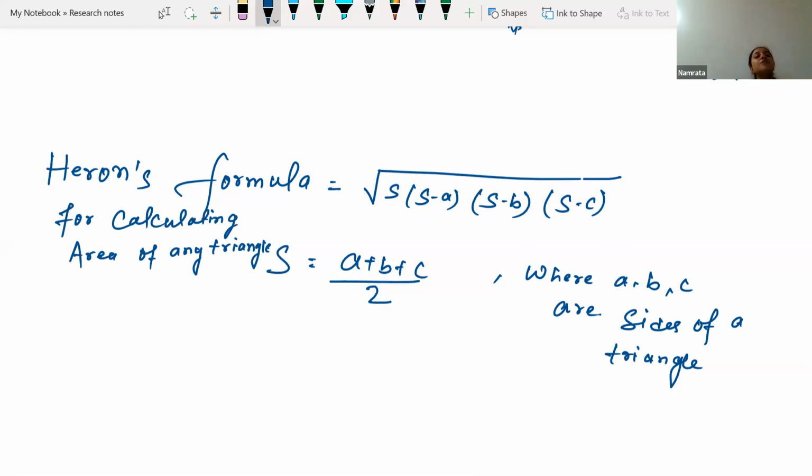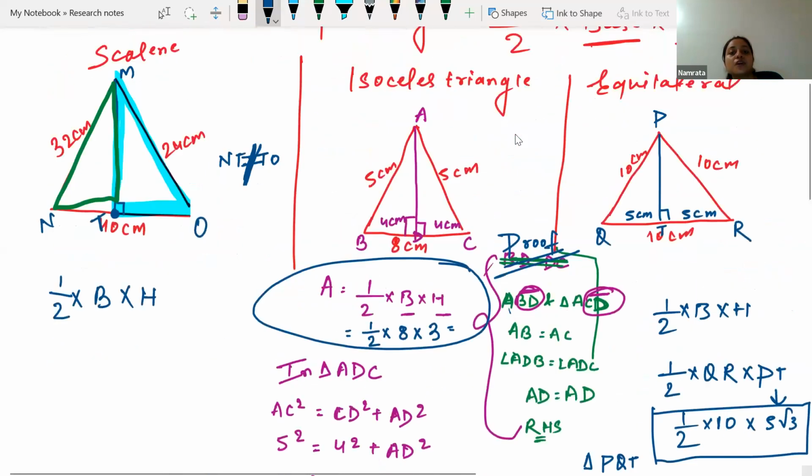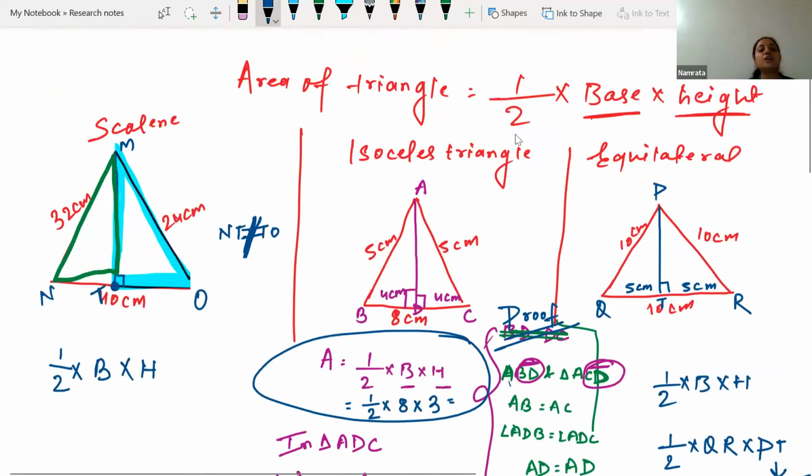If we apply the new formula, are we going to get the same area? Because we are talking about one triangle, the isosceles triangle, the previous one, this one. Whatever method you apply, you must get the same area, right? So let's check it by the new area formula.